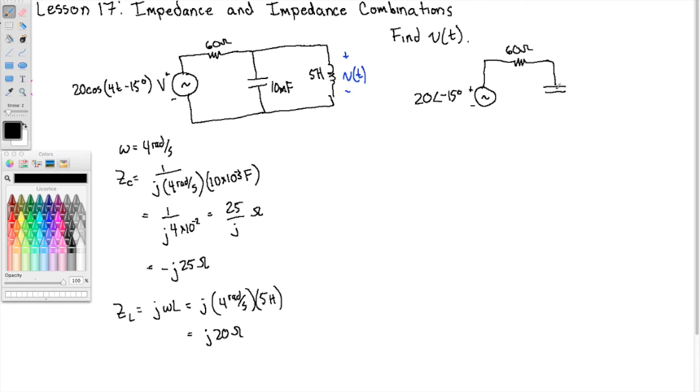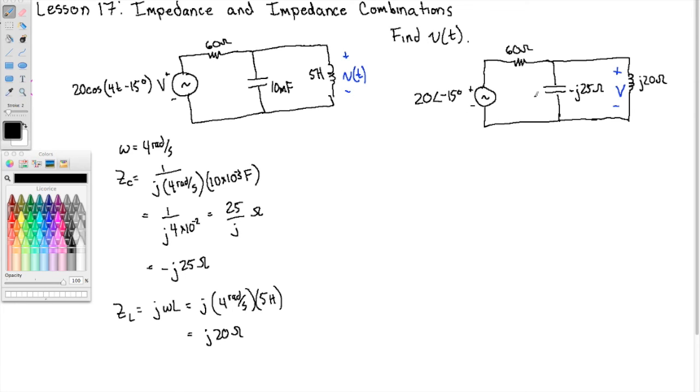And instead of labeling the capacitance, I'm going to label minus j25 ohms. And instead of labeling the inductance, I'm going to label its impedance j20 ohms. Right? And where is that V that I'm looking for? That's this guy. I'm going to write capital V.